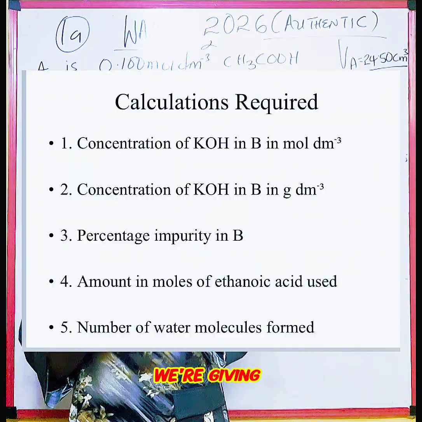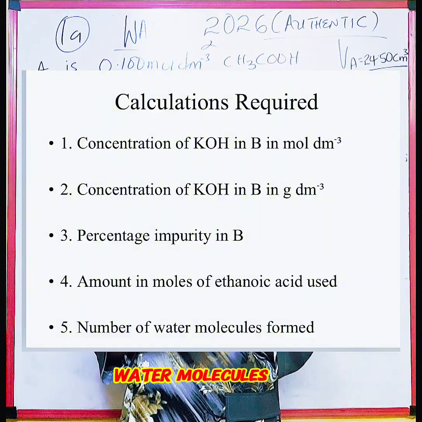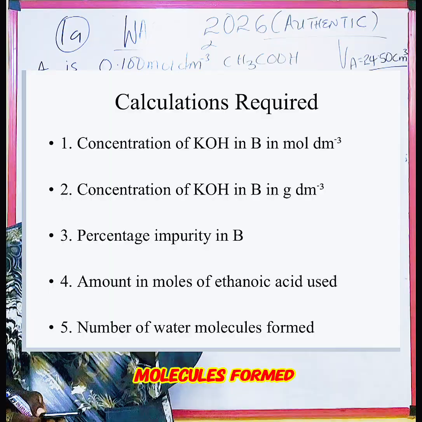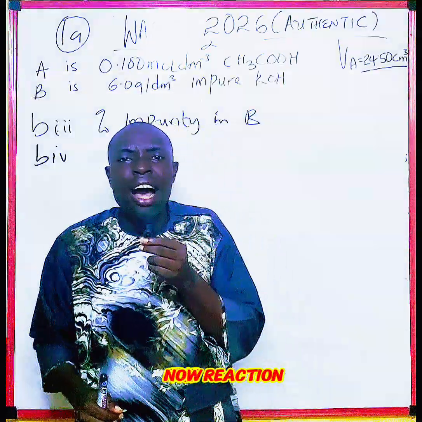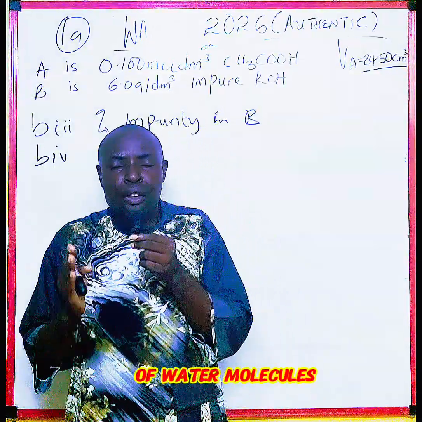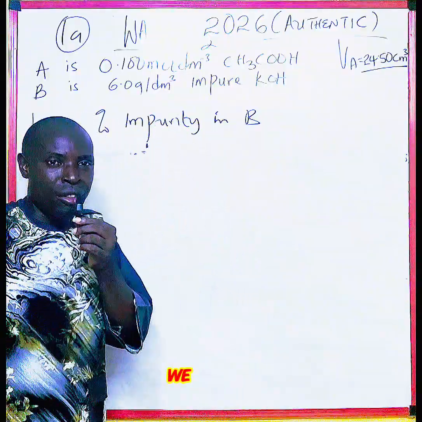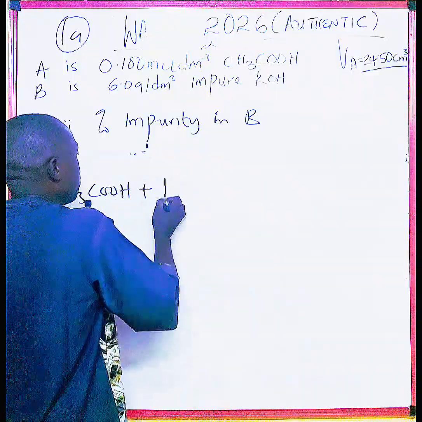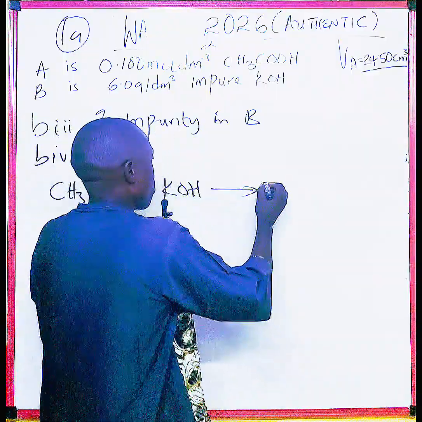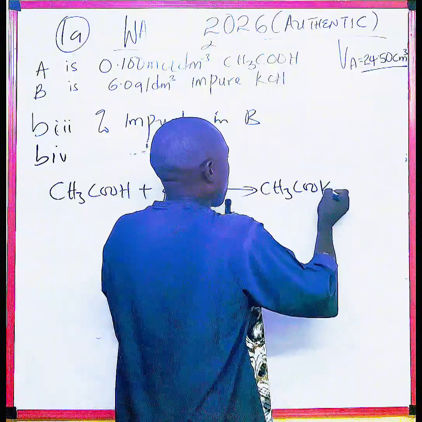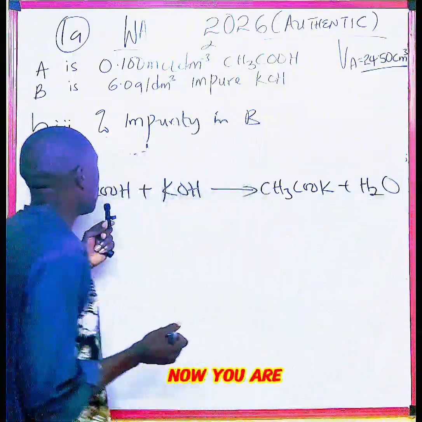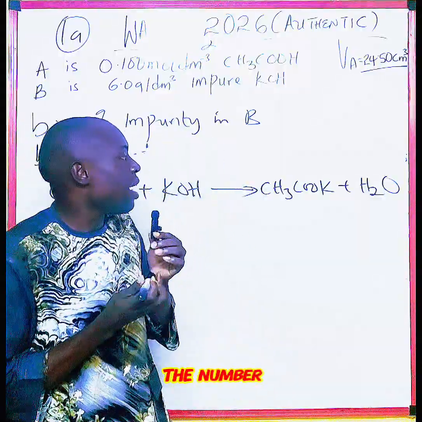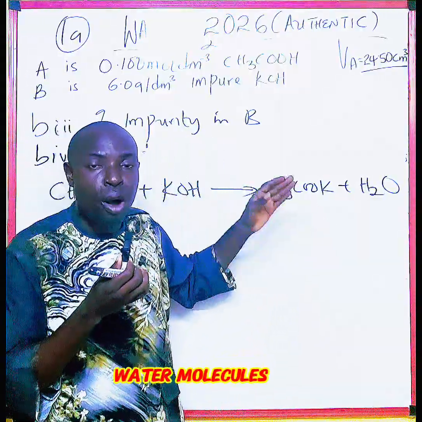Here, what we were given was the number of water molecules formed in the reaction. To solve for the number of water molecules formed in the reaction, we write the equation again, which is CH3COOH. Now you are looking for the number of water molecules formed in the reaction.